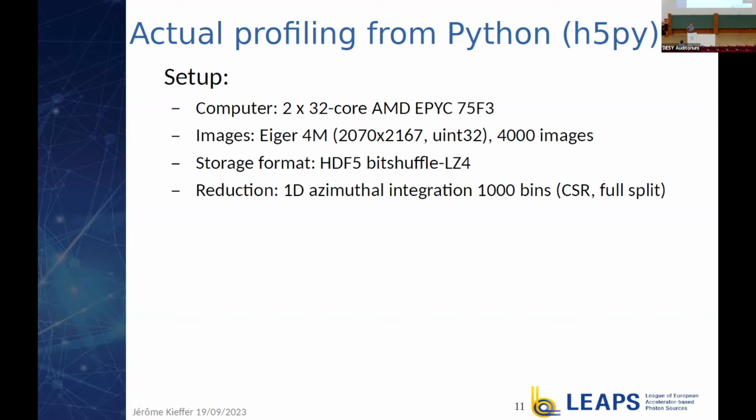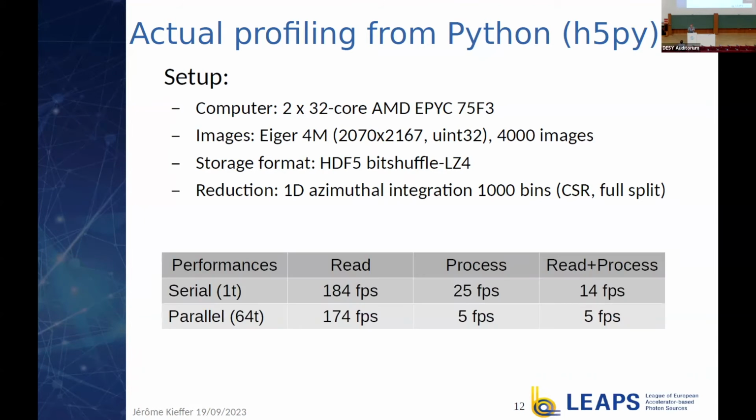The data are purely synthetic, representing some Guinier-shaped curve, with representative noise and so on and so forth. So the storage is in HDF5 with bitshuffle LZ4. And I do the azimuthal integration of this using 1,000 bins. And those are the performances.